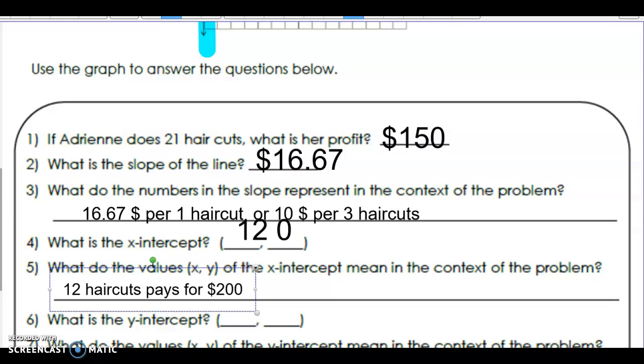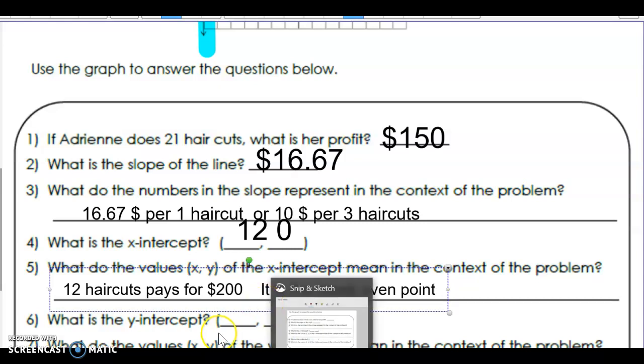So 12 haircuts pays for 200. What we think of it is, it is the break-even point. That's what every business wants to know. She has to have at least 12 haircuts in order to make money.